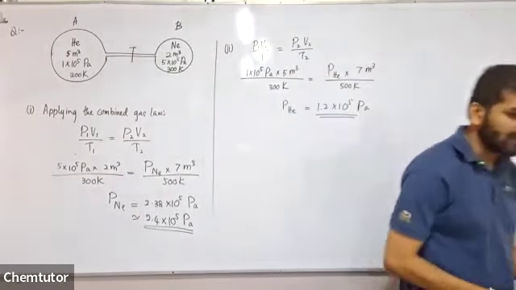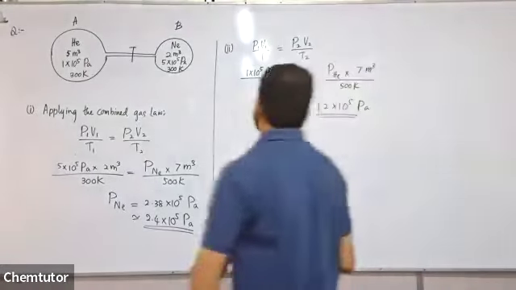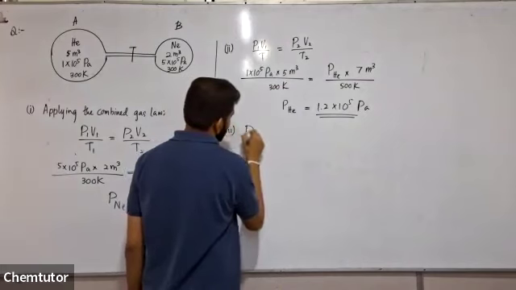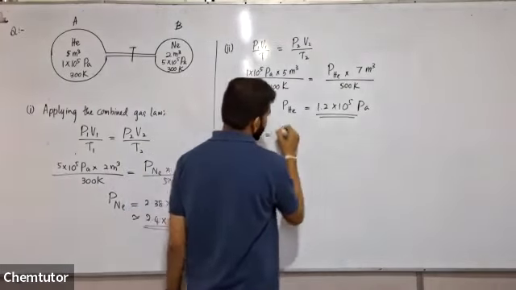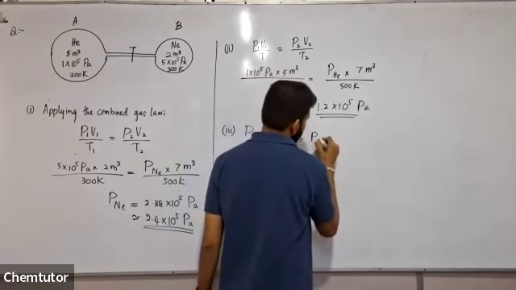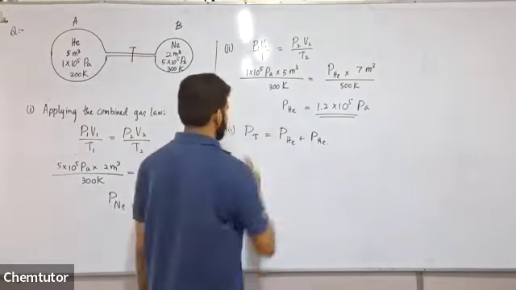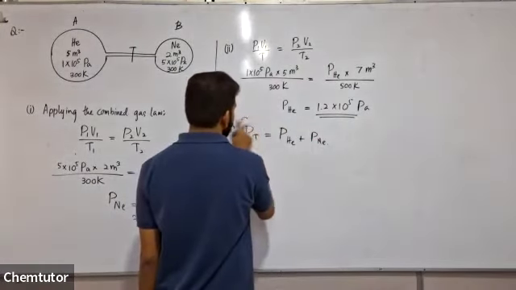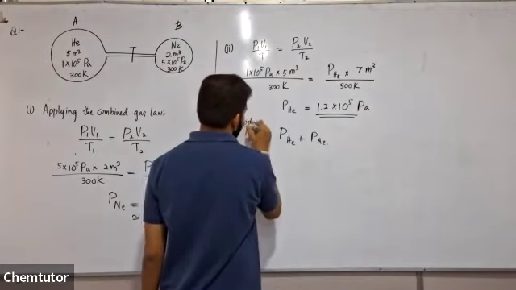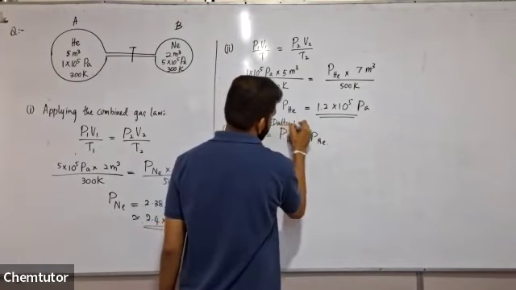Okay. Then we need to find out the total pressure inside the system. So total pressure equals partial pressure of helium plus partial pressure of neon. What is this law? Dalton's law of partial pressure. So we have to write applying Dalton's law of partial pressure. That is the assumption you have to take.